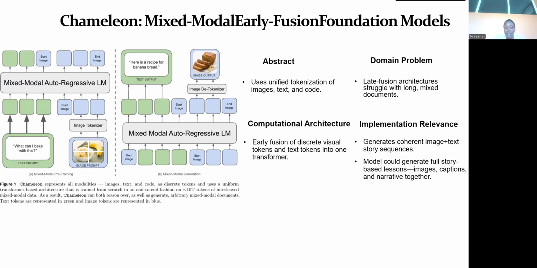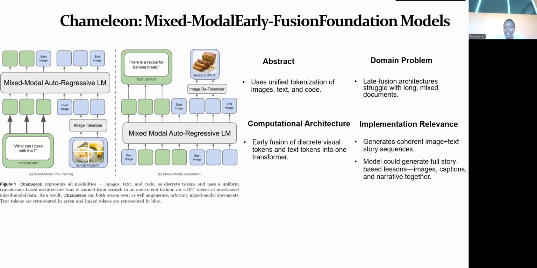So this early fusion design allows it to reason and generate across images, and also even code sometimes, but in one unified sequence, because it does it from the beginning. It handles all tokens together.